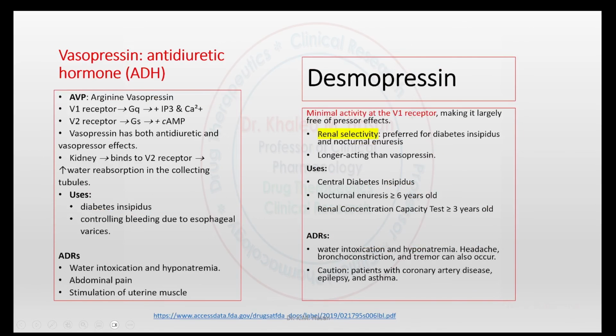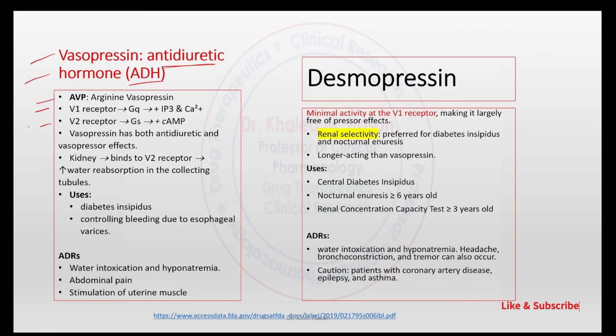Okay, so next we have the last hormone produced from the posterior pituitary lobe. We have vasopressin, which has another name, antidiuretic hormone, ADH, and belongs to the arginine vasopressin family. We have two main receptors, V1 and V2.